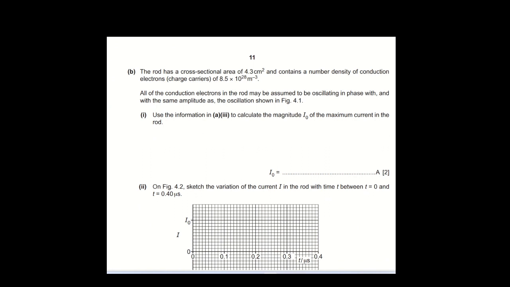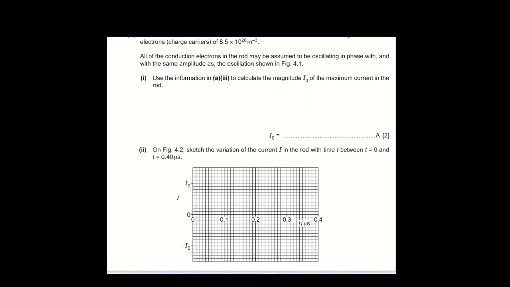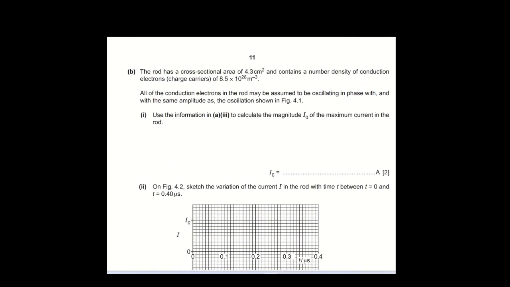Now B part. The rod has a cross-sectional area of 4.3 centimeter square and contains a number density of conduction electrons 8.5. So we are given the area, that is 4.3 into 10 raised to power minus 4 meter square. Number density n is given.